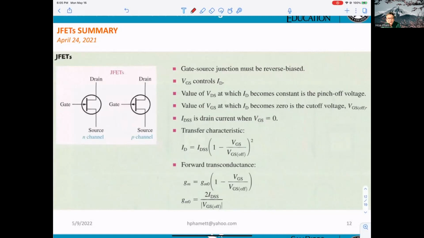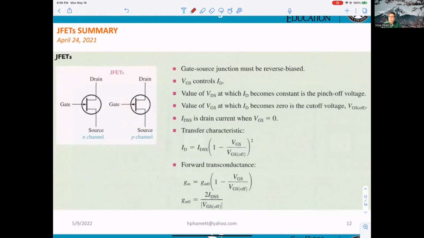The value of VDS at which ID becomes constant is the pinch-off voltage. The value of VGS at which ID becomes 0 is the cutoff voltage. IDSS is the drain current when VGS equals 0. We already went through that at the beginning.